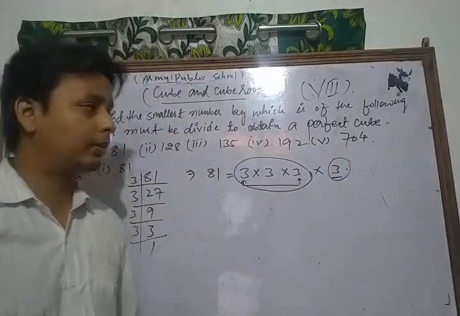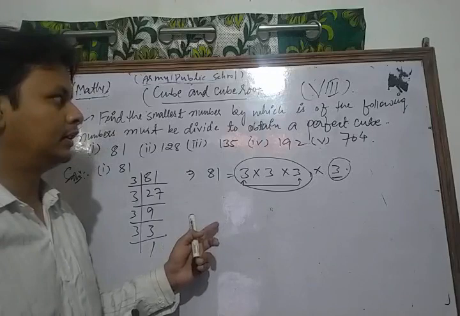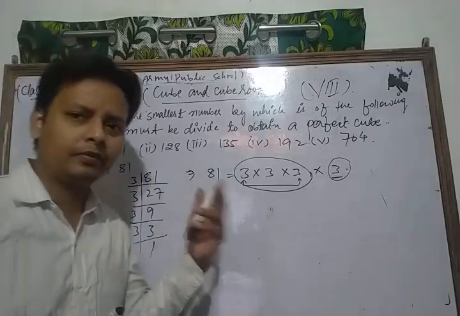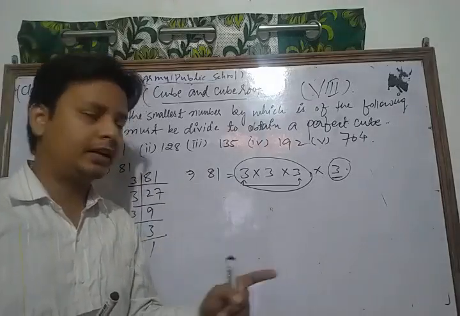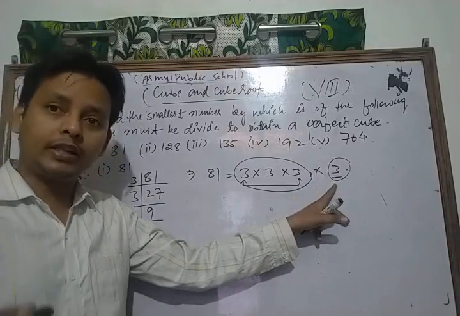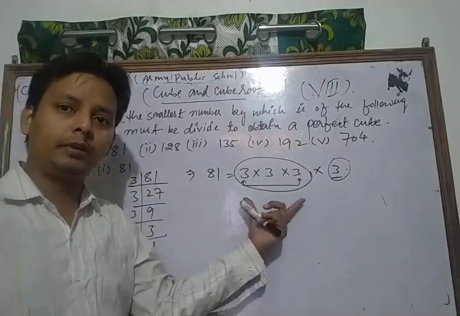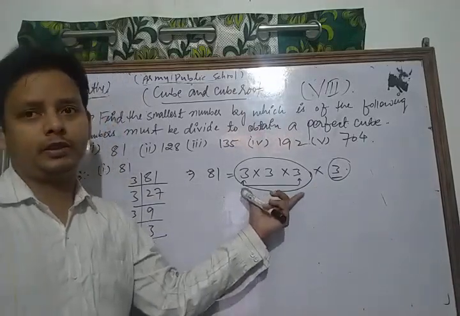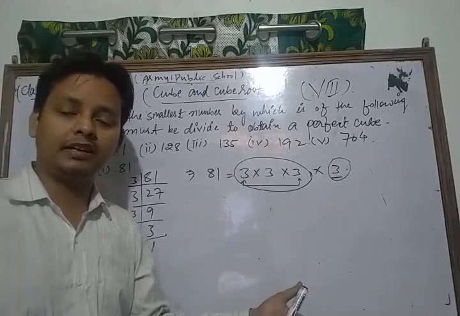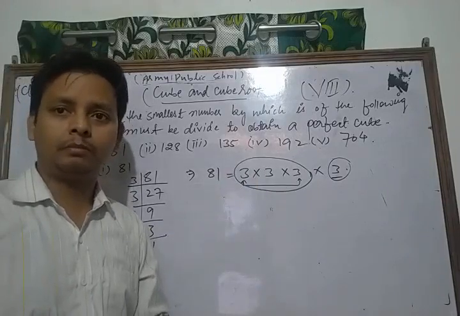So for a perfect cube we must divide by 3. After that, the left number is the grouping of factors in triplets. So that number is in the form of a perfect cube.